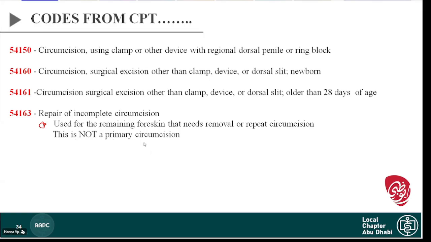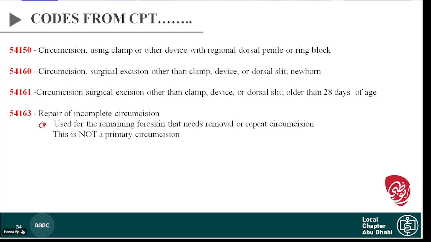So guys, after the first procedure, some patients may get an infection or continuous bleeding or some other problem. They will come back to the hospital to see the doctor again after the first circumcision. Maybe there is some skin remaining on the area and the doctor wants to remove it again.